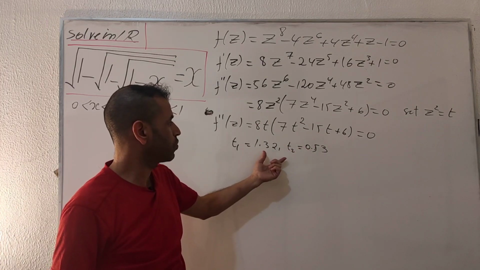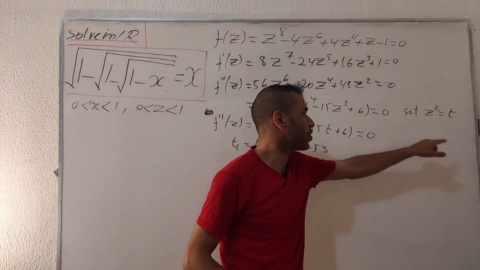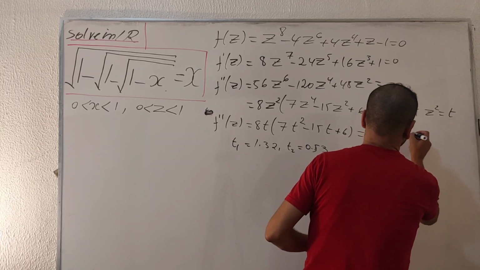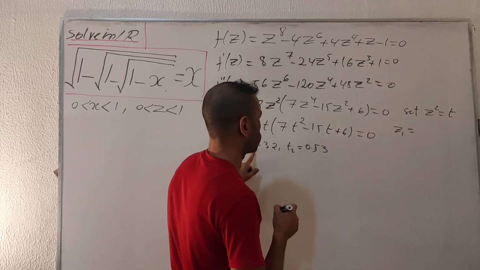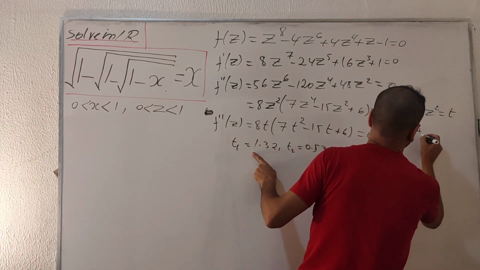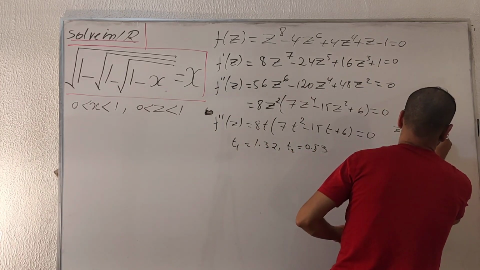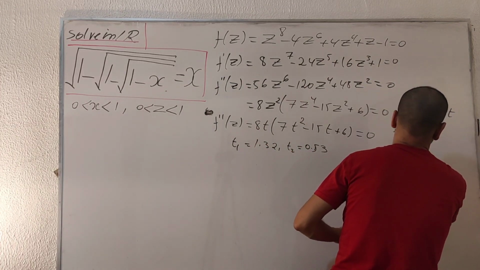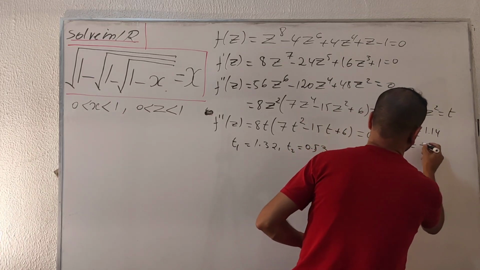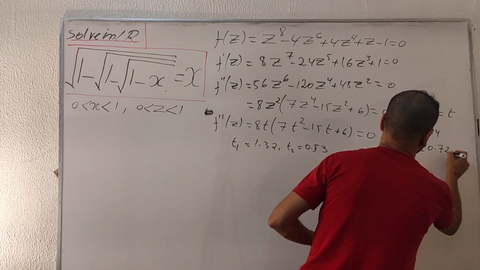Taking these two values of t and replacing them here to find the solutions in terms of z, we get z1 by taking the square root, plus or minus 1.14, and z2, the other one, equals plus or minus 0.72.